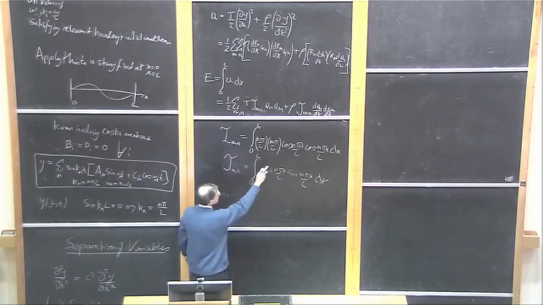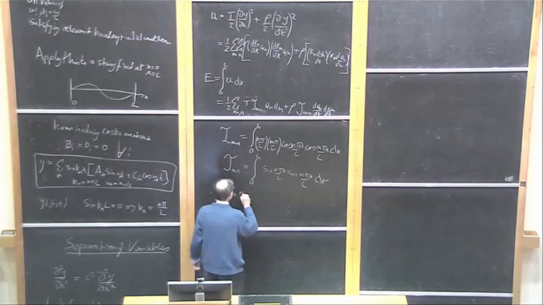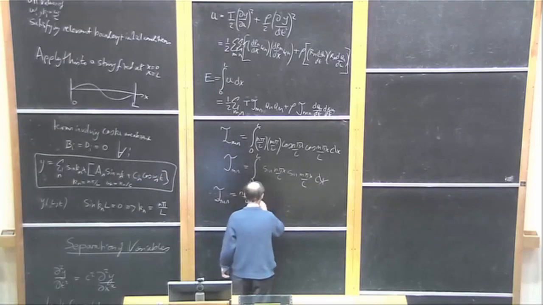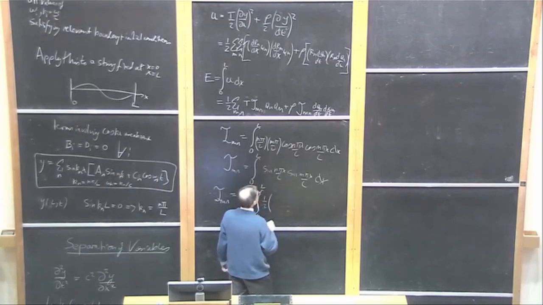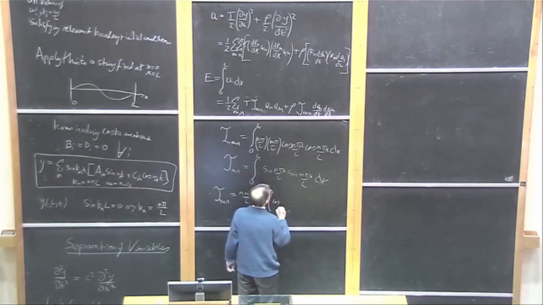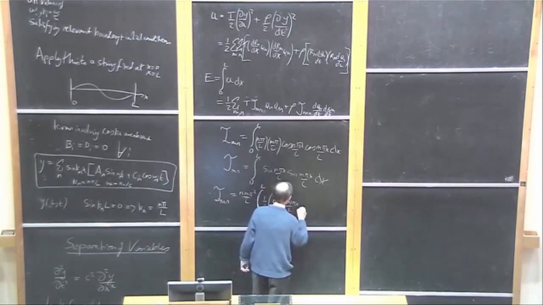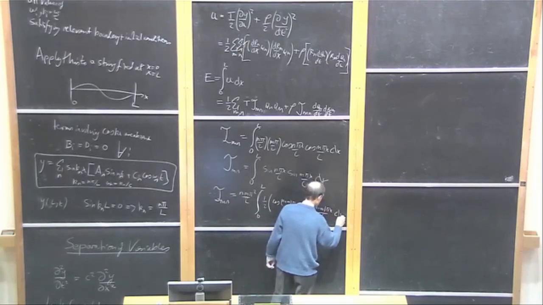So that means cos cos there. So this is I_mn is n m pi squared over L, integral from 0 to L, 1/2, so it'll be cos (n plus m) pi x over L plus cos (n minus m) pi x over L dx.